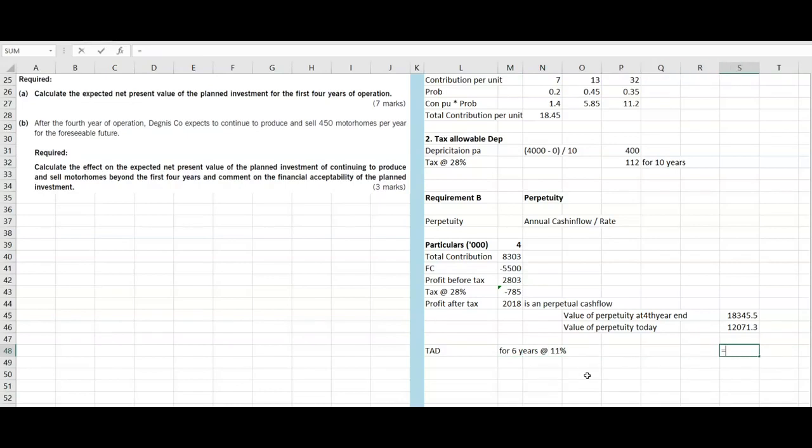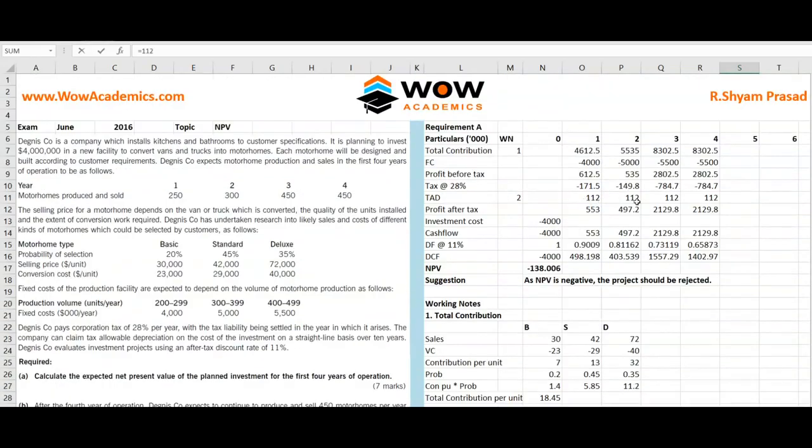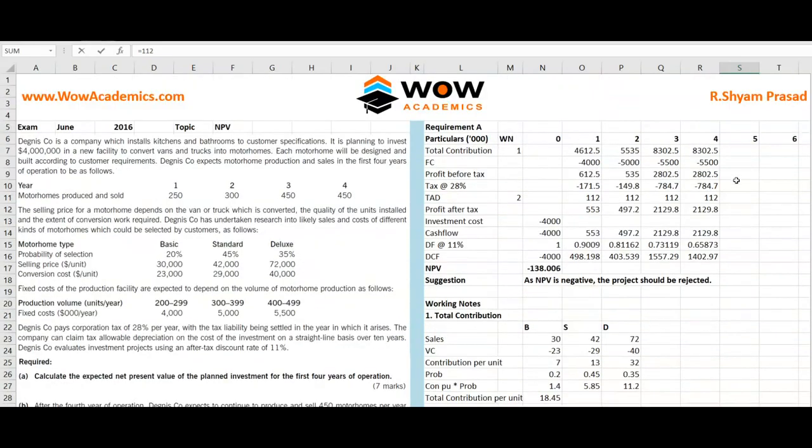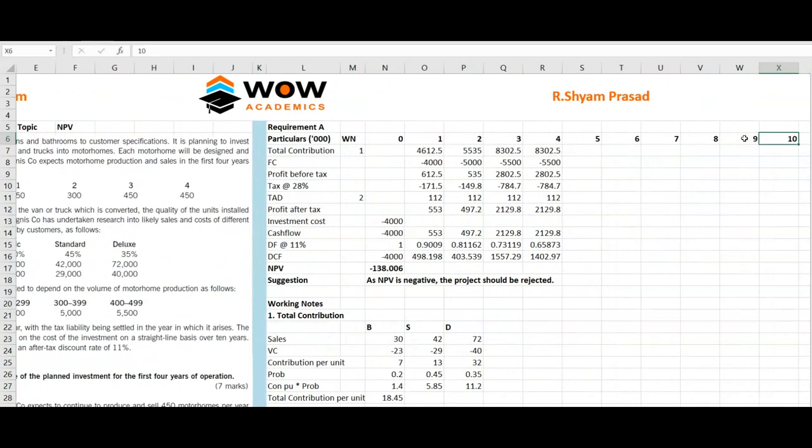So the value would be 112, which is a tax allowable depreciation. If you check here, this value is going to occur for 6 years. Okay, from which year? From the 5th year to the 10th year it is going to occur.